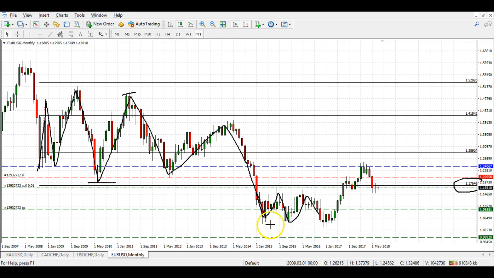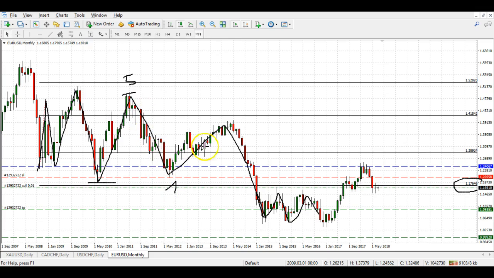So price did not reach that level yet, because what I think is going on here is that the sixth leg had started right here. That was the end of the fifth. Remember, the sixth leg should be the one to propel a full cycle, a full trend, in this case a bearish trend.